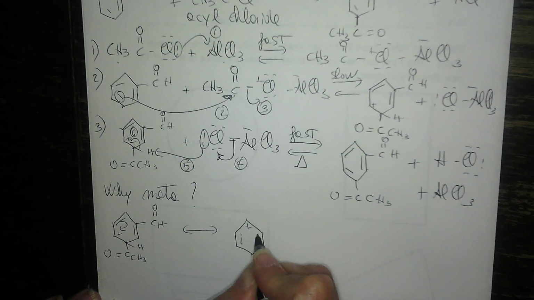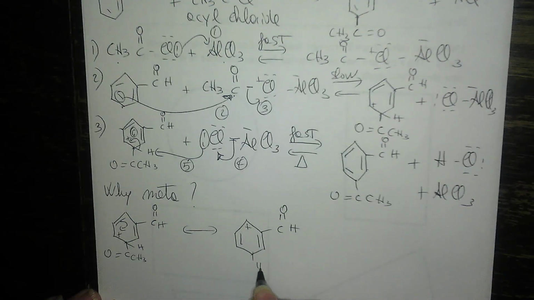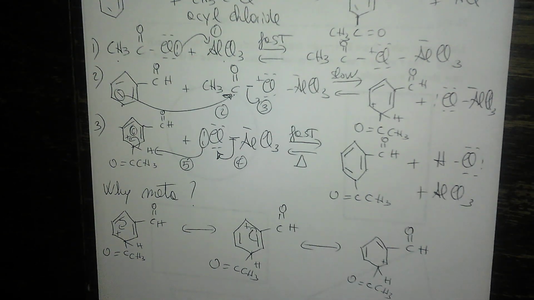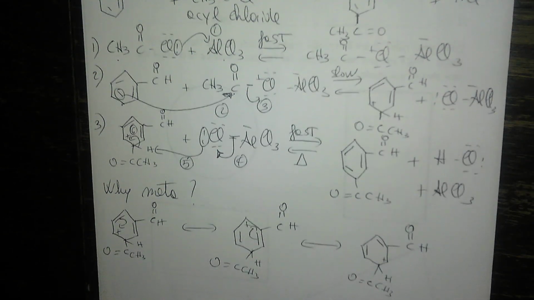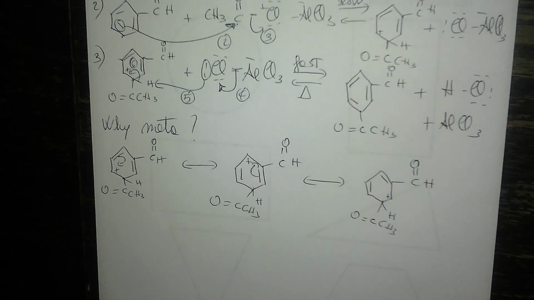You have the plus goes here, C double bond OH, you still have the H, you have the C double bond with the CH3. Moving this, I get C double bond O, the double bond goes here, there is a plus, there is an H, C double bond O, CH3, double bond. And that's it, no more than this. These are the three resonance structures.